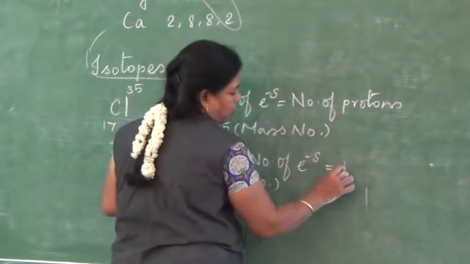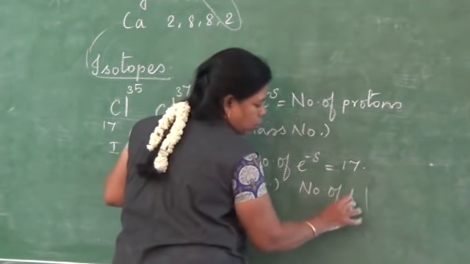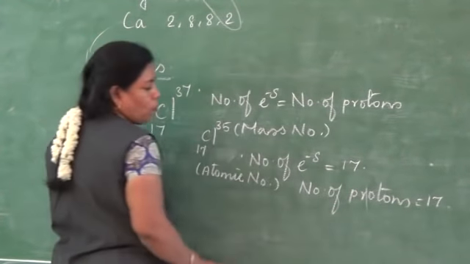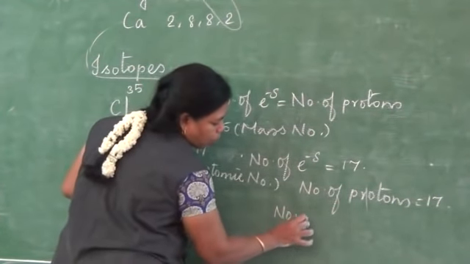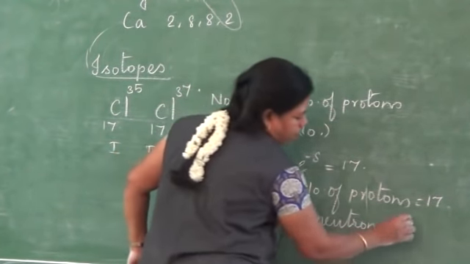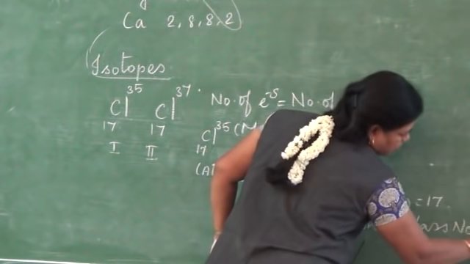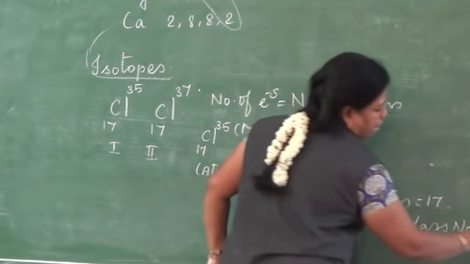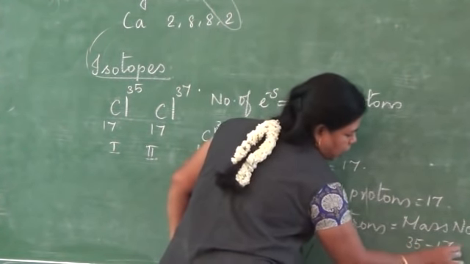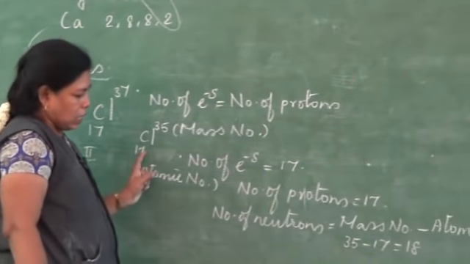That is 17. If the number of electrons is 17, the number of protons is also 17. But how to find out the number of neutrons? Number of neutrons is equal to mass number minus atomic number. Therefore, 35 minus 17 is 18. So the number of neutrons possessed by the first case is 18.